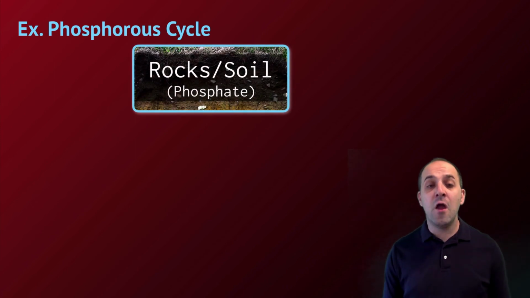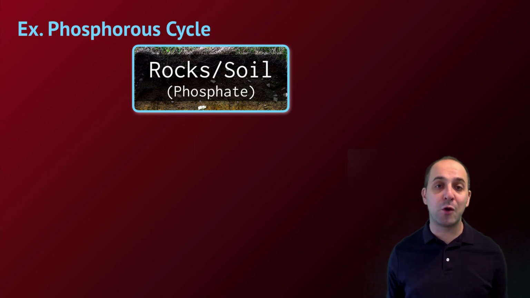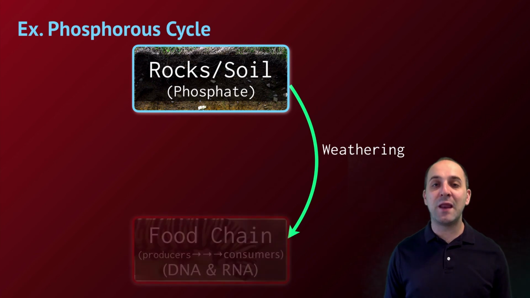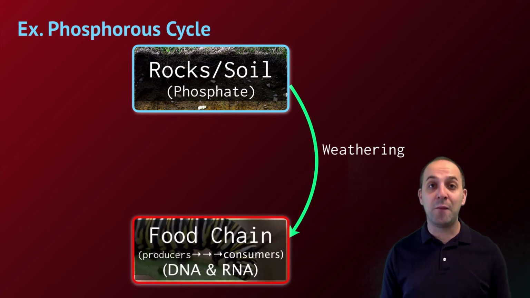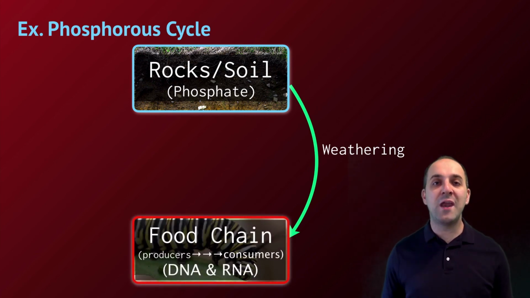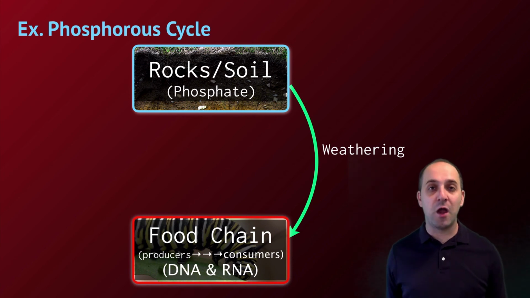The phosphorus cycle has some interesting differences compared to the cycles that we've talked about up till now. Specifically, the main abiotic reservoir for phosphorus is phosphate in rocks and in soil, and so this is released through the action of physical and chemical weathering processes that bring it into the soil and make it available to producer organisms who then incorporate it before it being passed on to consumers through the action of the food chain.